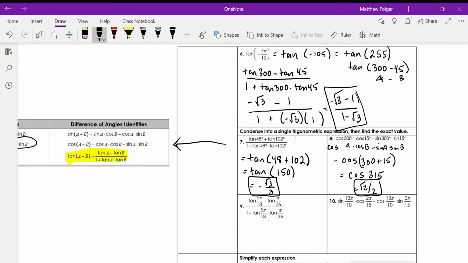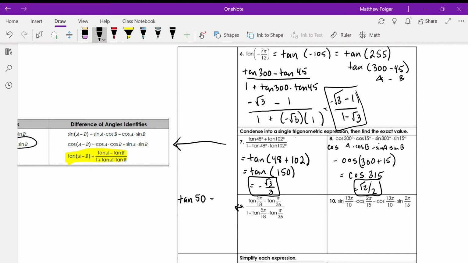Couple left here. The next one, tan of 5 pi over 18. Again, just like before, convert these to degrees before you do anything. You can do that over here where you have some room. So tan 5 pi over 18 is 5 times 180 over 18 is 50.